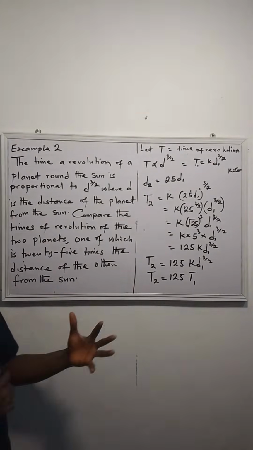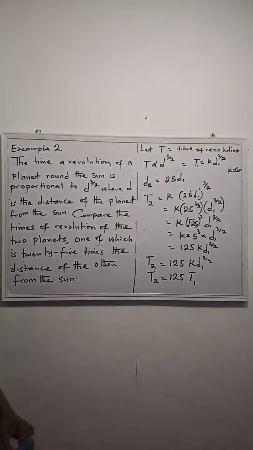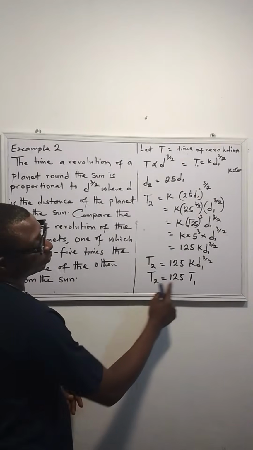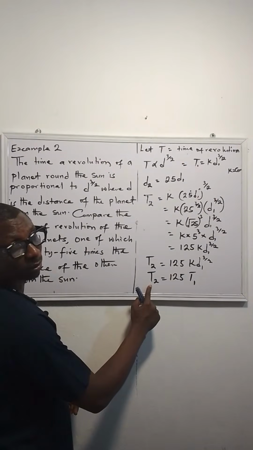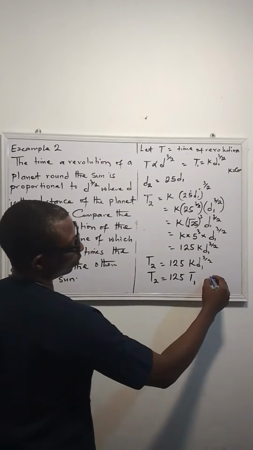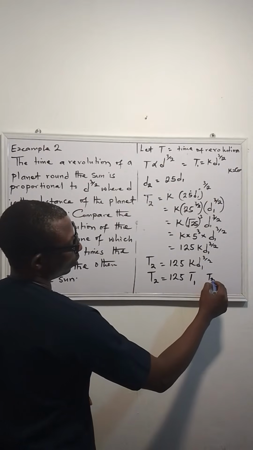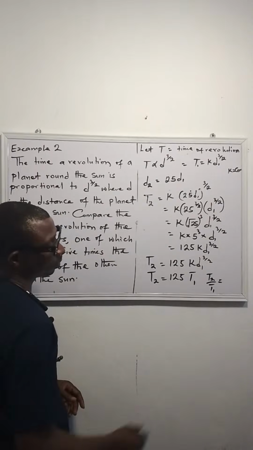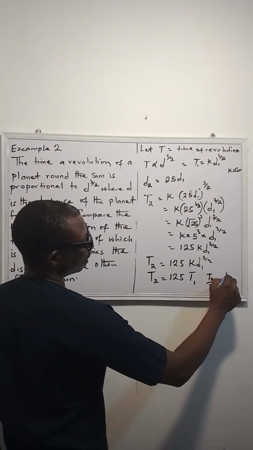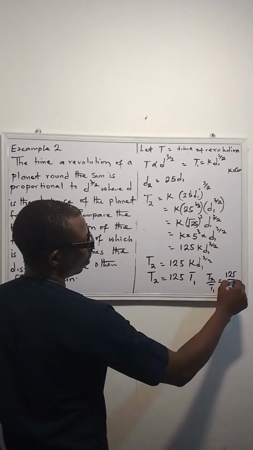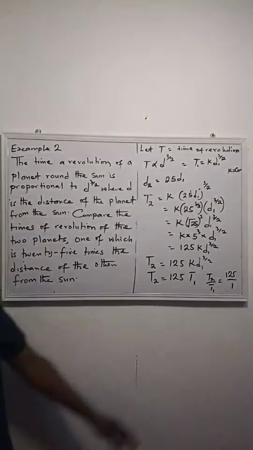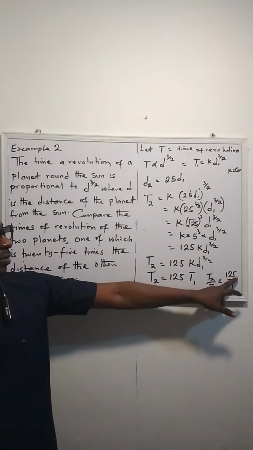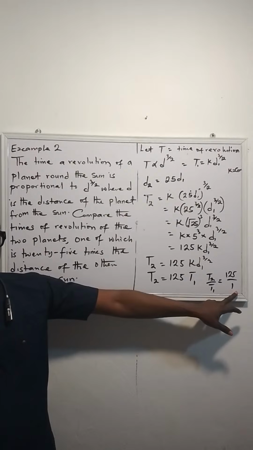So the ratio of the second to the first, T2 over T1, is going to be 125 over 1. So that's going to be the ratio, 125 to 1.